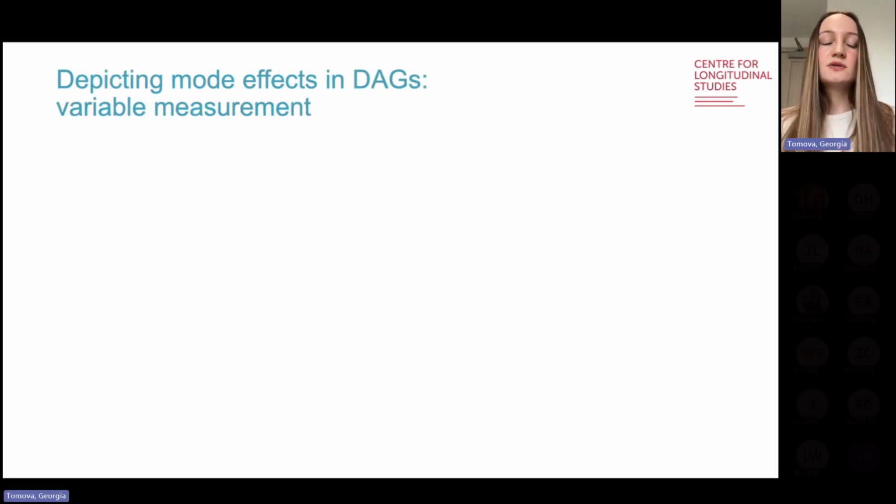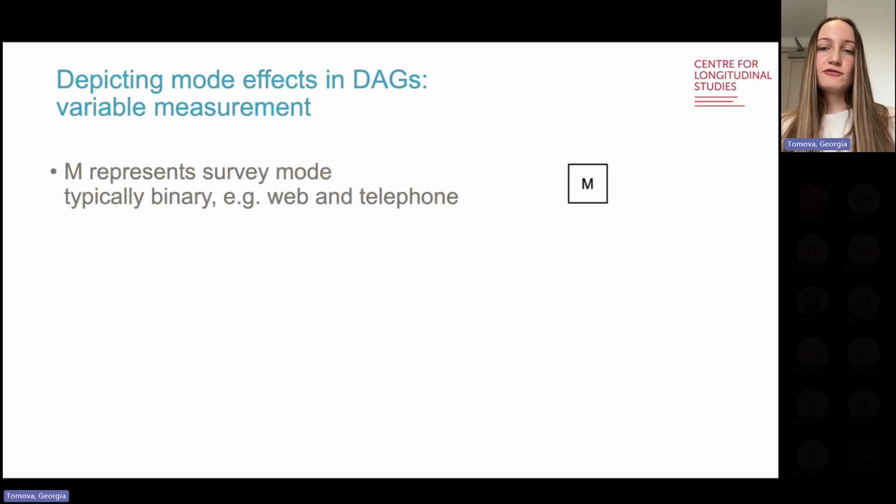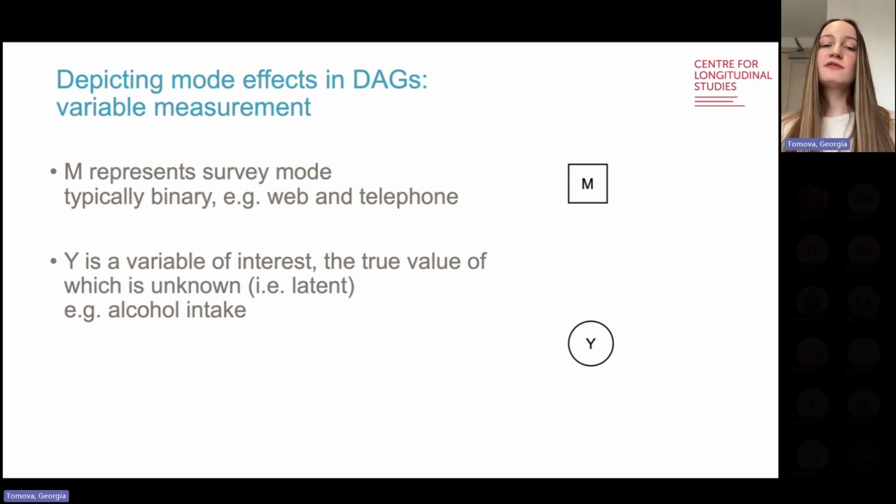And I'm going to start with just a very simple scenario where we only look at the measurement of a single variable. So suppose we have a node or variable M that represents survey mode. Now, typically this would be binary. For example, we can have maybe web and telephone modes. We also have some variable of interest that we would like to measure, for example, alcohol intake.